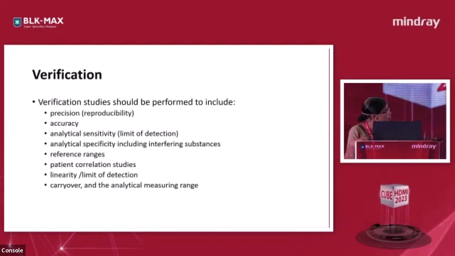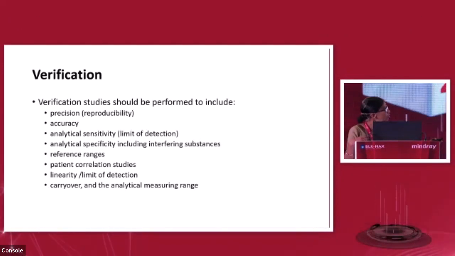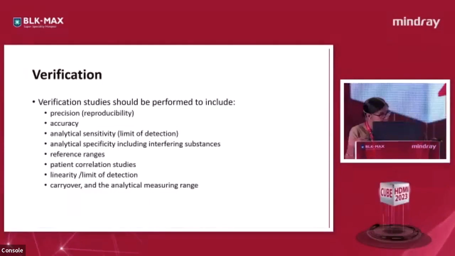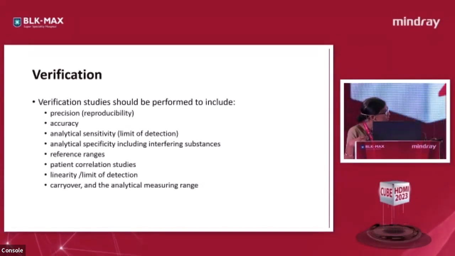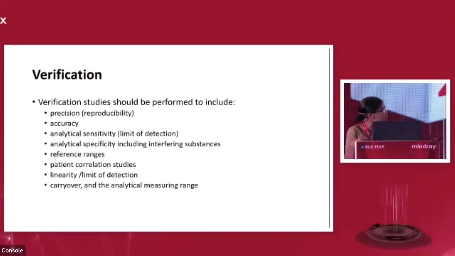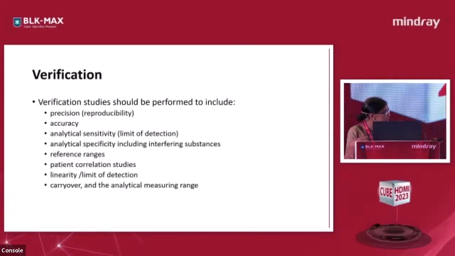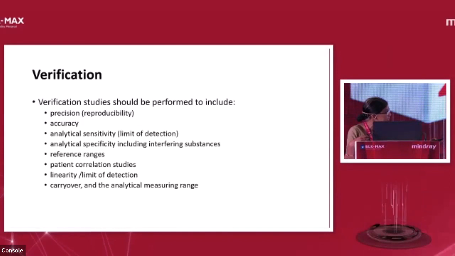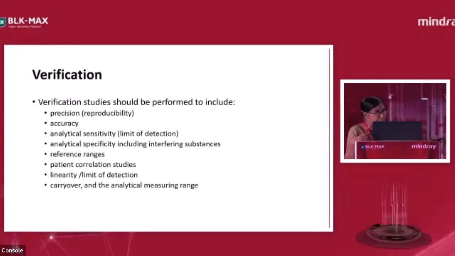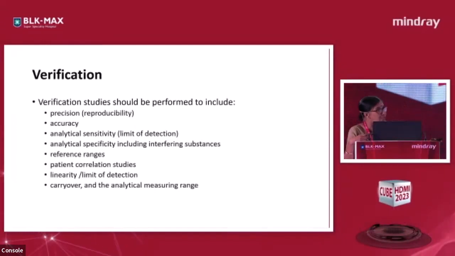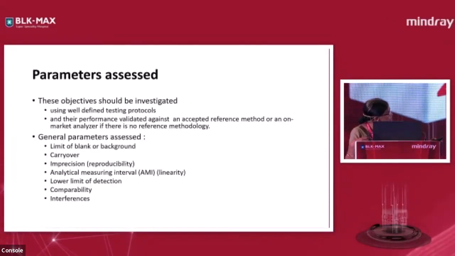So the verification process should be performed. It should include precision, accuracy, analytical sensitivity, which means limit of detection, analytical specificity, including interfering substances, reference ranges, patient correlation studies, and carryover. These are the important aspects that we verify before the equipment is put into routine use.